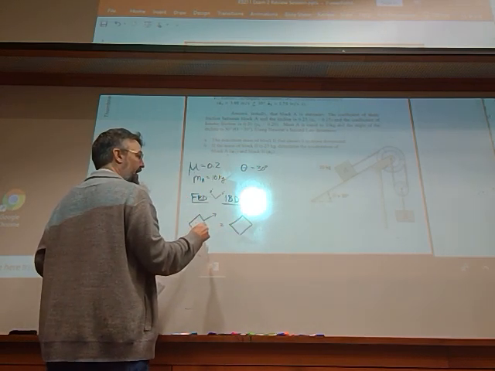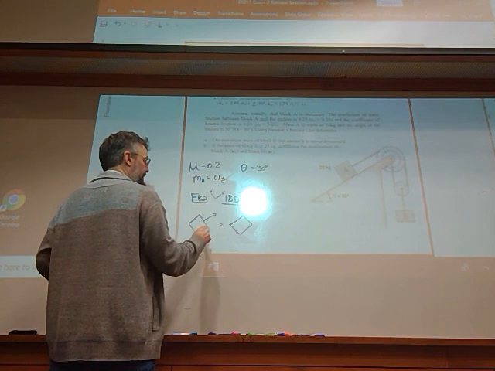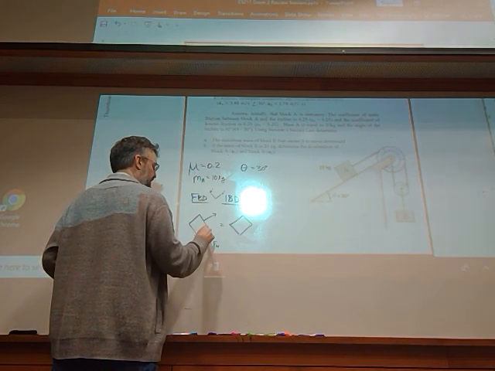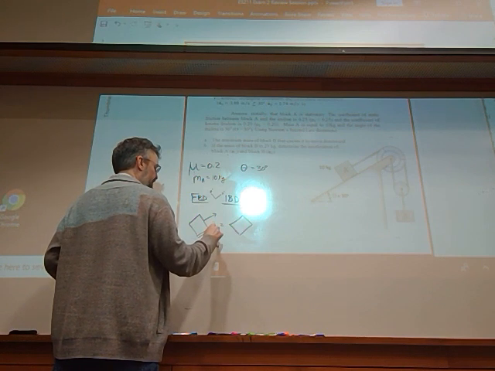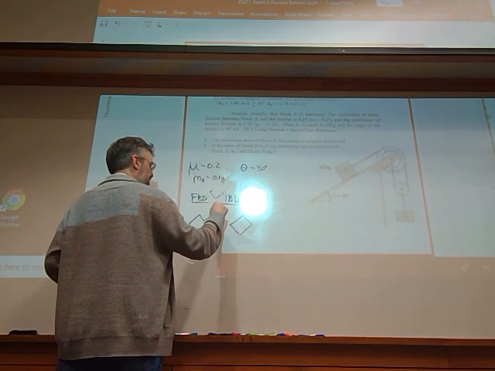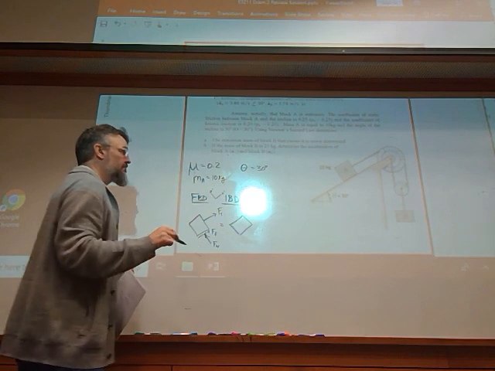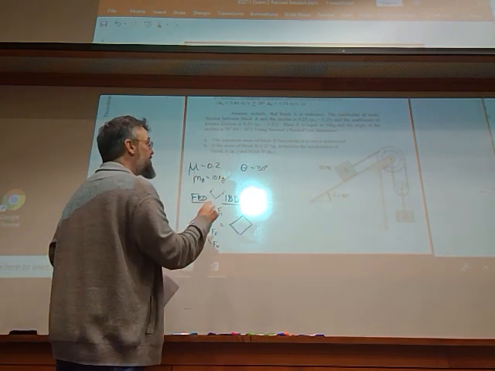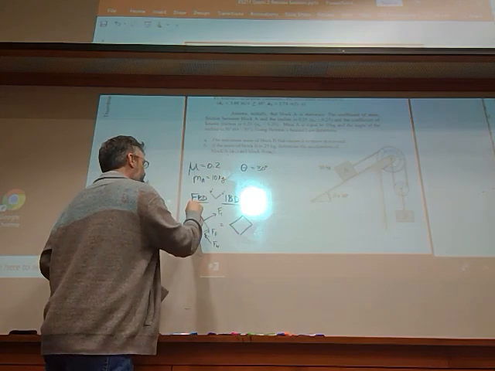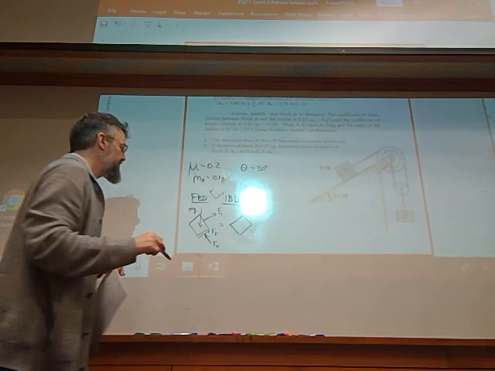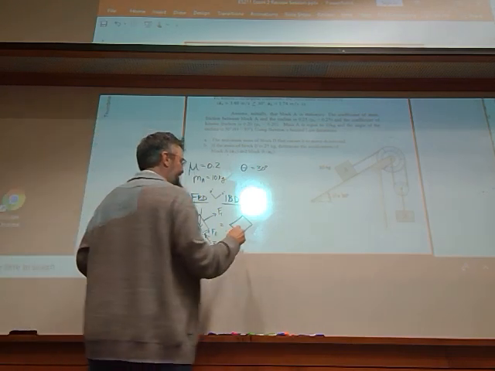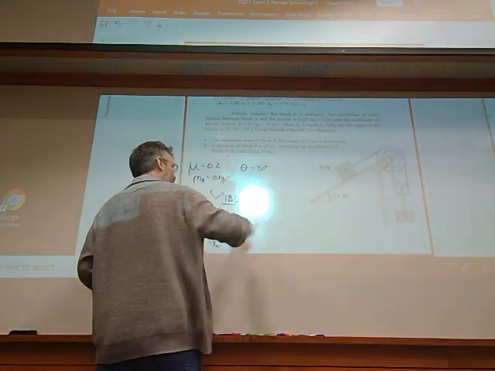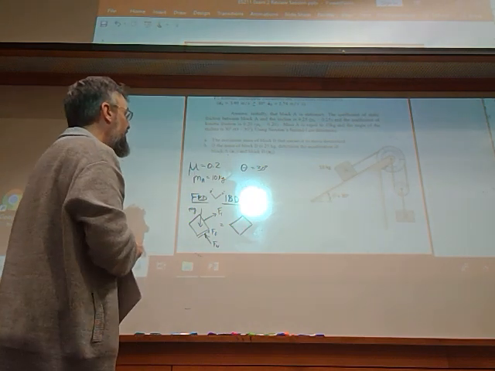We'll put in our normal force, Fn, and our friction force, F, and this is going to be our tension in there. And don't forget the weight, which I'll call mg. We're not going to need this for the first part, the IBD part, but we will need it for the second.